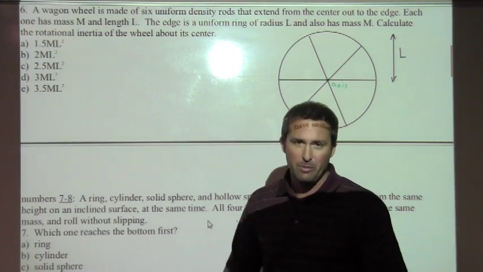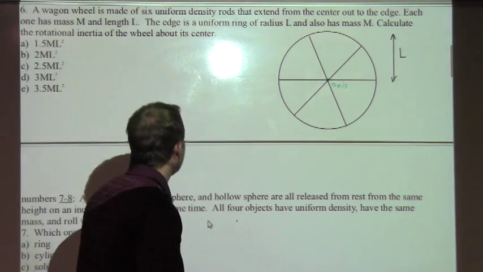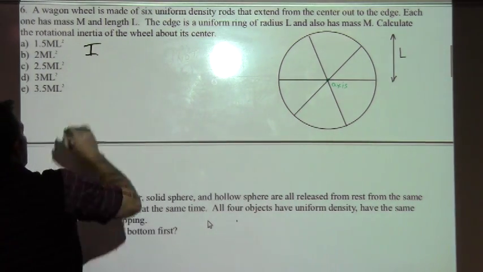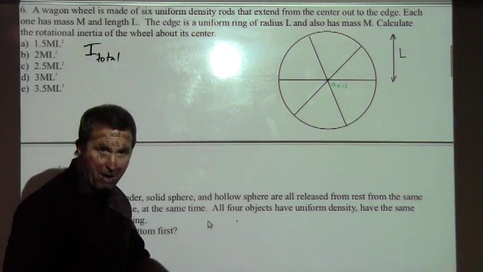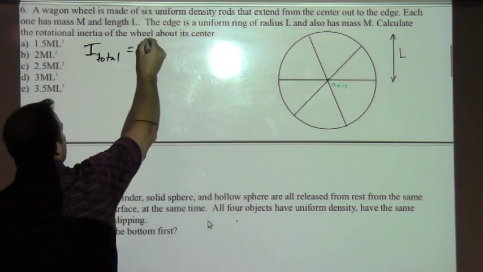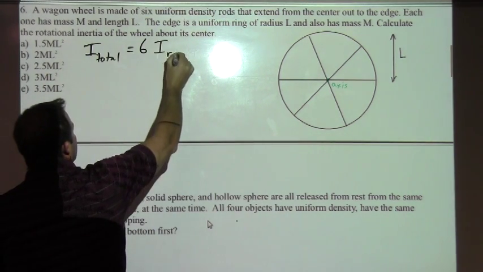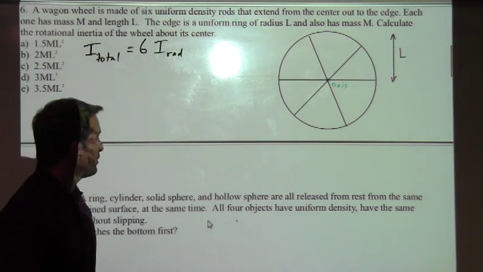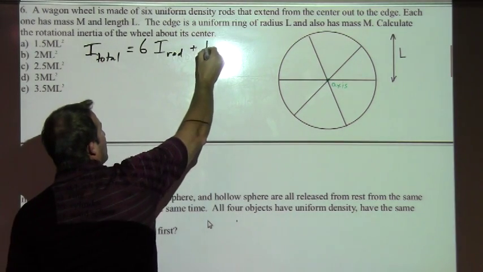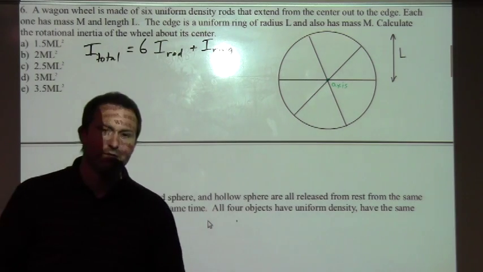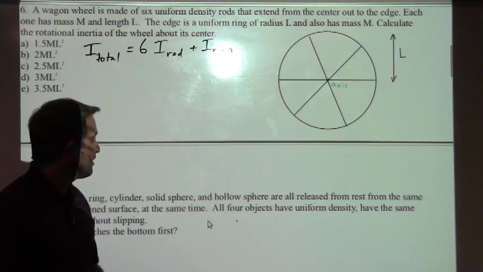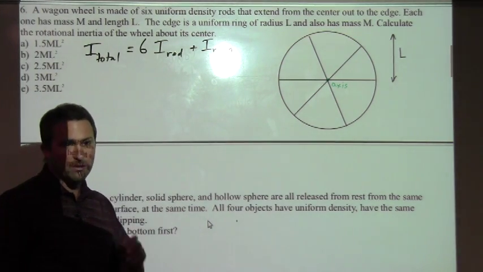And actually it gets even a little bit more simplified than that, because I could say the total rotational inertia about the center is equal to 6 times the rotational inertia of one rod plus the rotational inertia of the ring. So that makes the calculation a little bit easy for us.